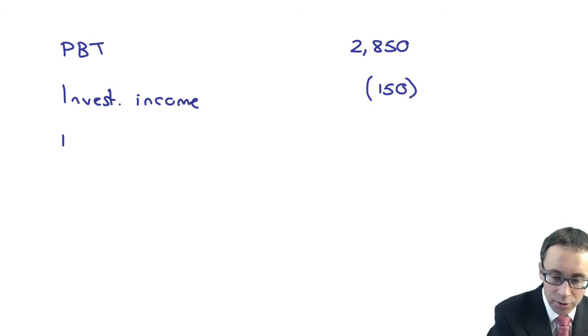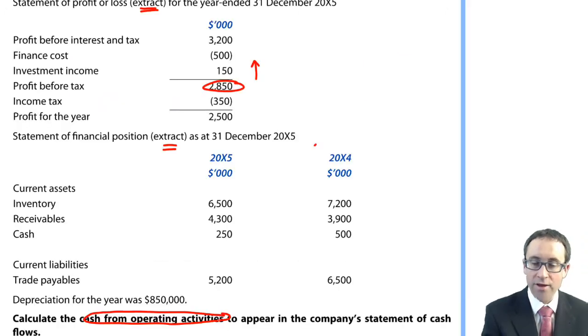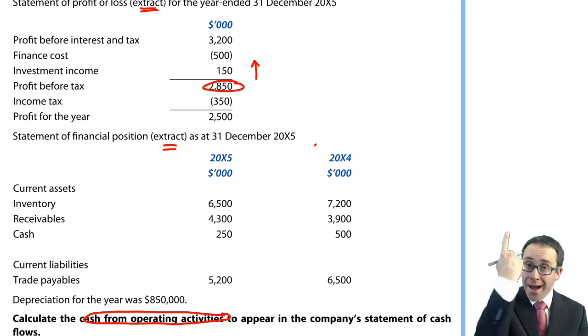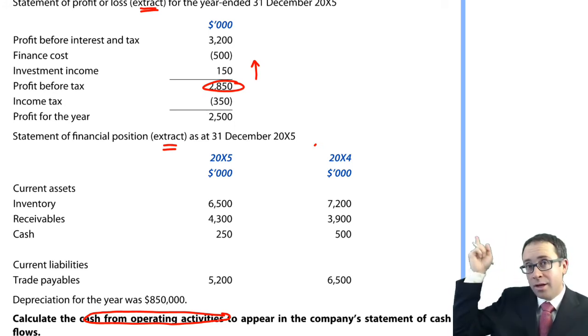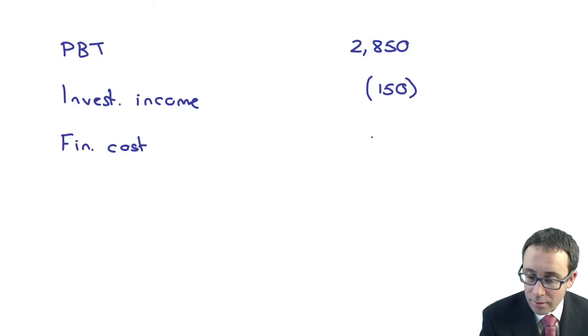Similarly, we need to adjust for your finance cost. The finance cost figure there has been deducted to get to profit before tax. So to get back to the top, your profit before interest and tax, we're going to have to add on that 500.